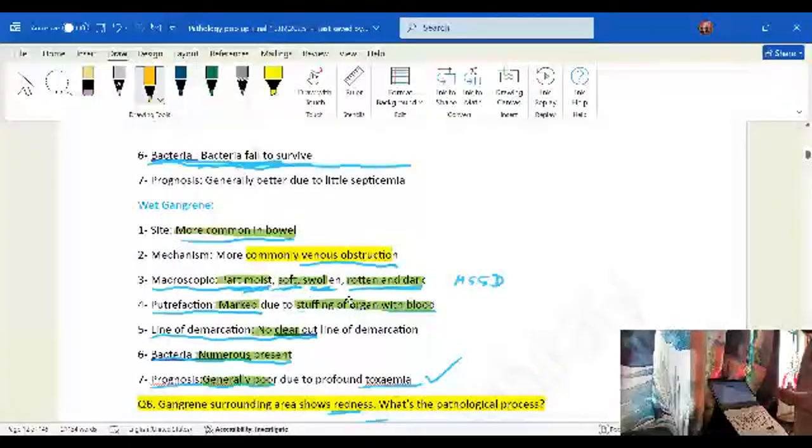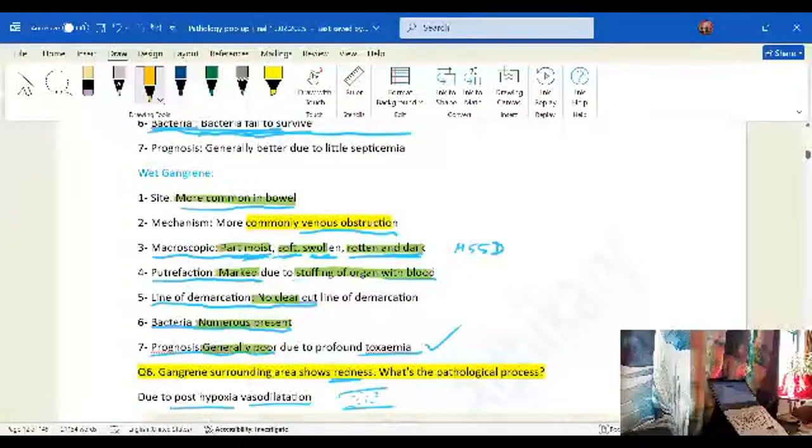Putrefaction is marked because of engorgement of the organ with blood, and there is no clear line of demarcation. Numerous bacteria are present, and the prognosis is bad. The area surrounding the gangrene shows redness.